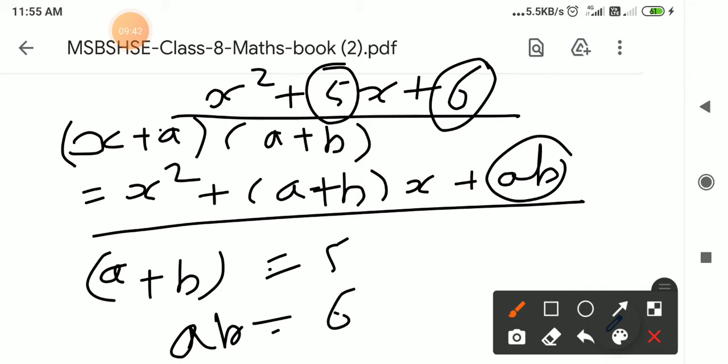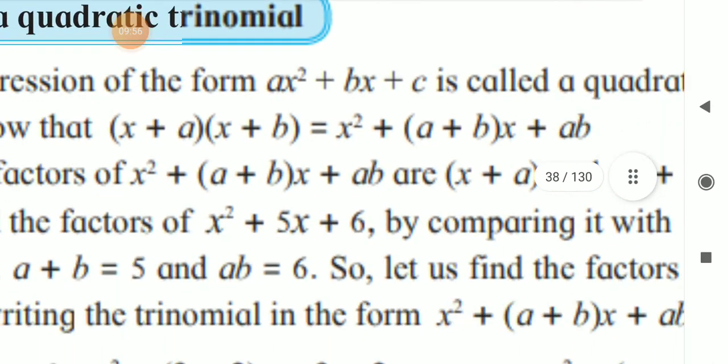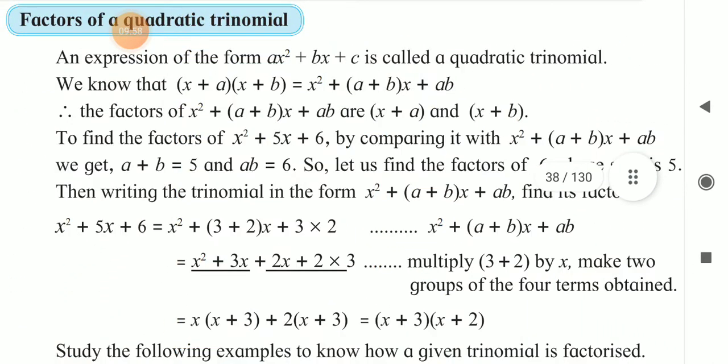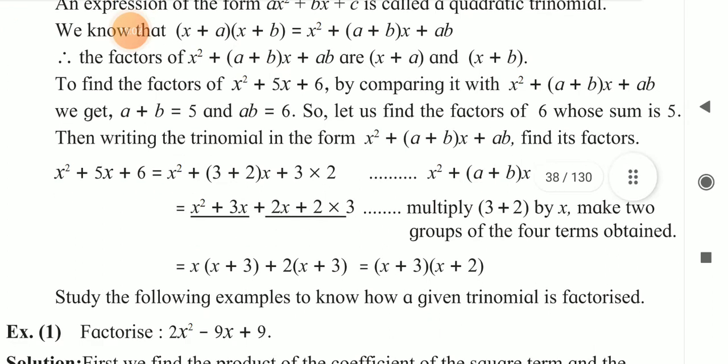So which terms have addition 5 and multiplication 6? That is 2 and 3. So here we can find the values of a and b using this. The multiplication of a and b is 6, and the addition is 5.